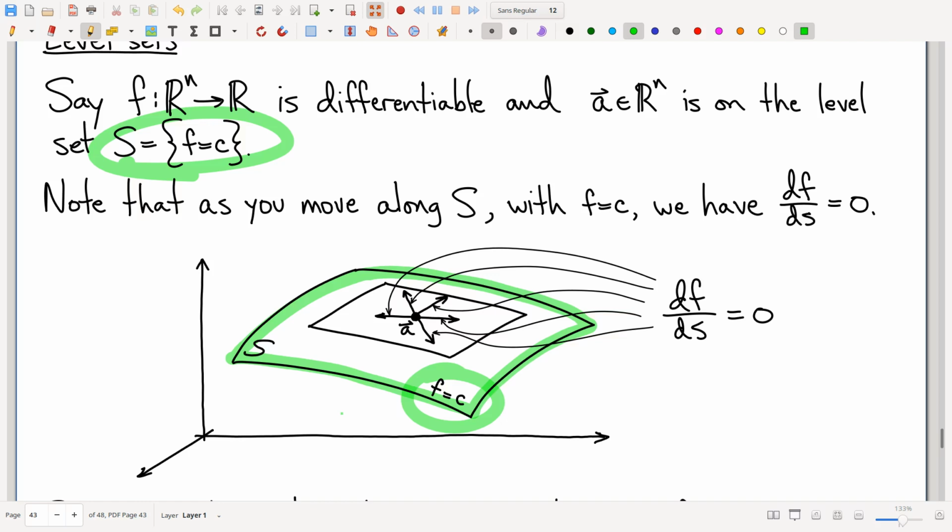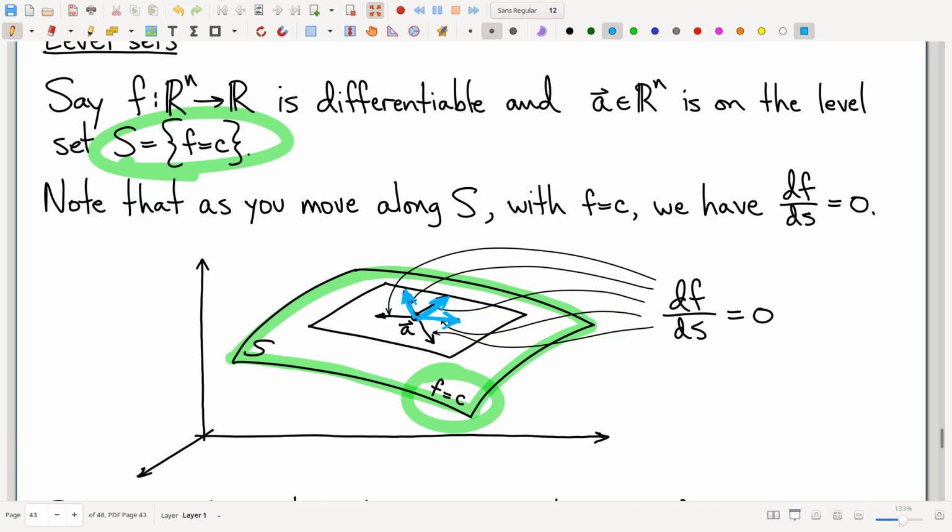Okay, so I'm going to make the observation that if I were to move in the direction of a tangent vector, any tangent vector, doesn't even matter which one, something really nice happens.